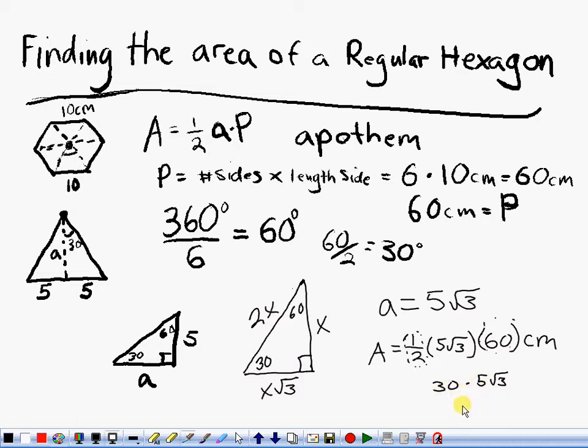And everybody knows 5 times 3 is 15. Put on the 0, and then he's kicking back, the square root of 3 there. And this is centimeters, but since it's area, centimeters squared, everyone.